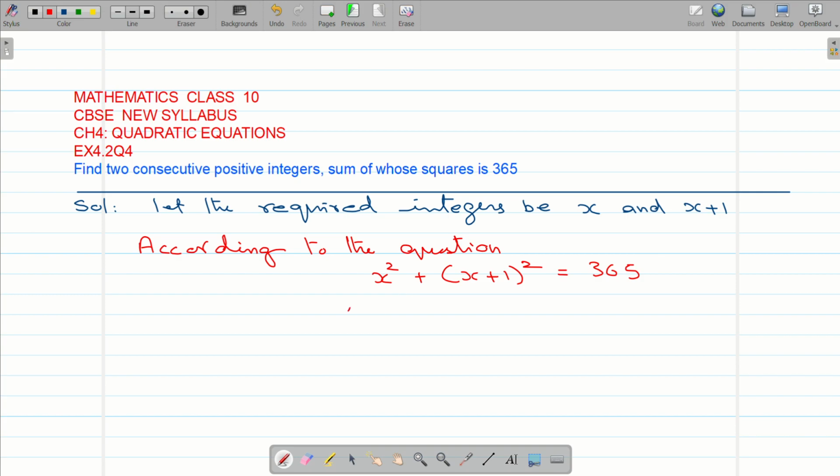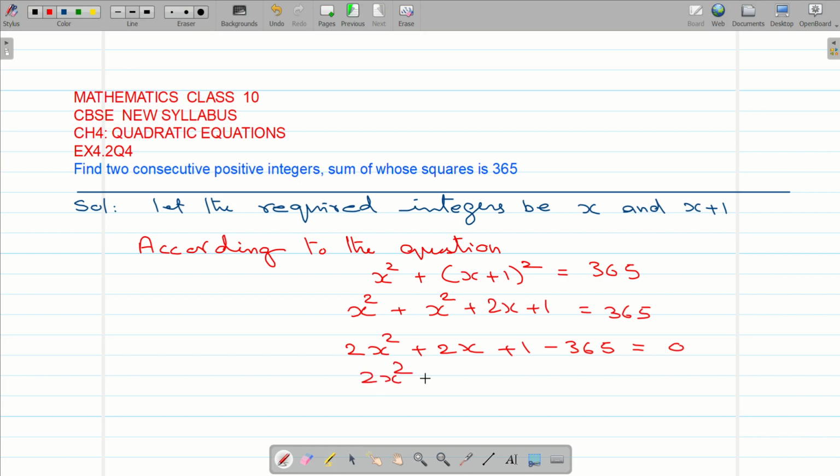That is x squared plus x plus 1 the whole squared, which is x squared plus 2x plus 1, is equal to 365. So 2x squared plus 2x plus 1 minus 365 is equal to 0. 2x squared plus 2x minus 364 is equal to 0.